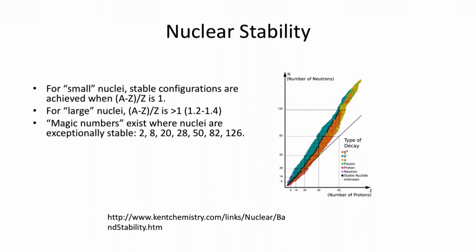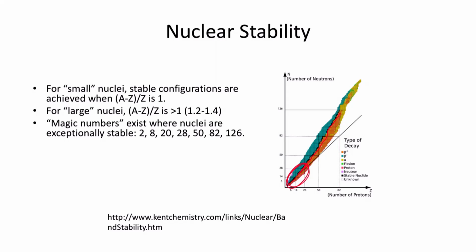Going back to this picture, you'll notice that this black part is not really straight, it curves a little bit. If I look here, closer to the origin, this represents relatively small nuclei, things with a relatively small number of protons and neutrons. Here, the slope is about 1, which means that the number of neutrons compared to the number of protons is about 1 to 1.